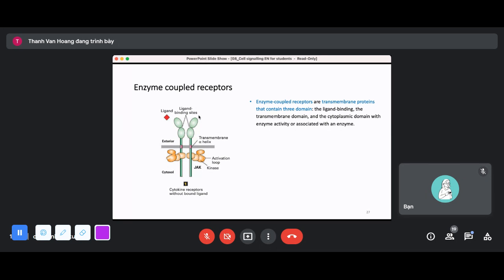The receptor is a transmembrane protein which consists of three domains: the extracellular domain, the transmembrane domain, and an intracellular domain.